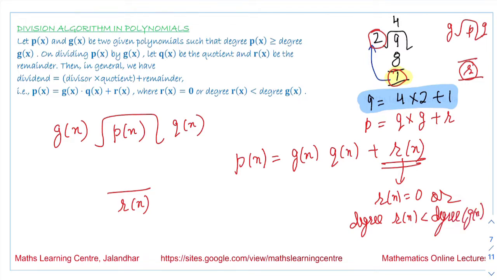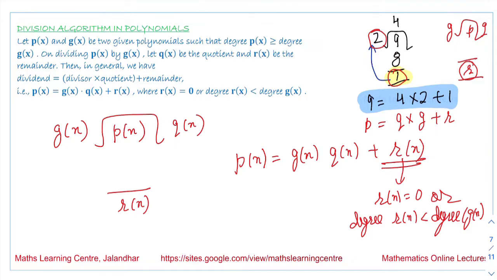So we can find this q(x) and r(x). Two polynomials p(x) and g(x) are given to us, and the degree of p(x) is greater than that of g(x). Then we can divide these two polynomials and obtain two new polynomials q(x) and r(x), where r(x) is either 0 or its degree is less than the degree of g(x).